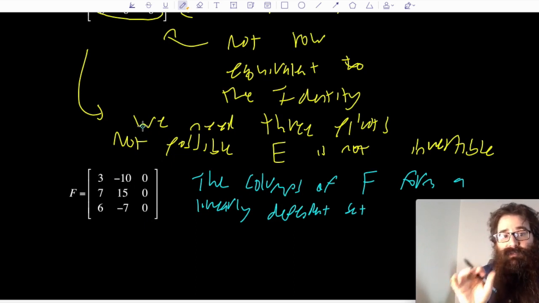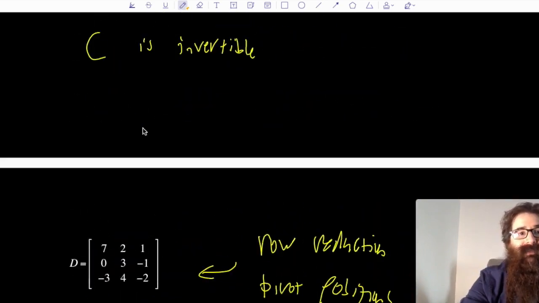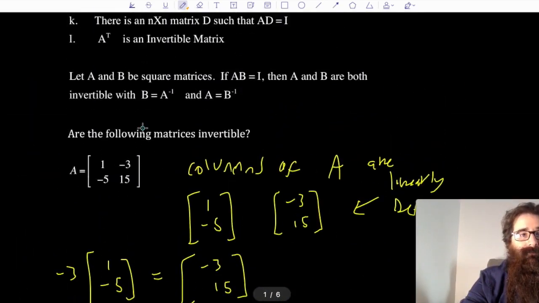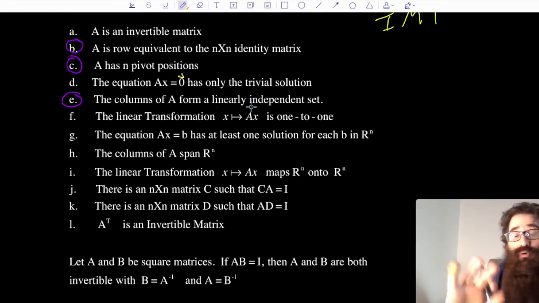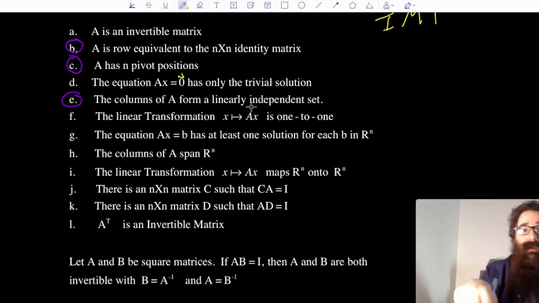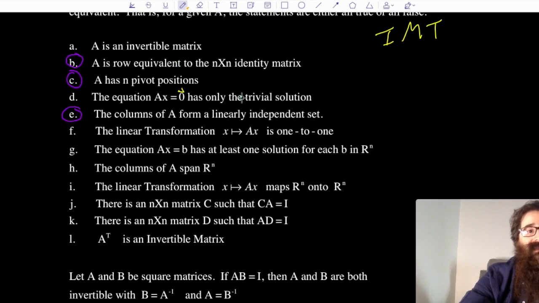So I'm automatically forced into a dependency relationship. Since the columns form a linearly dependent set, I know that statement E is false. It says the columns must be a linearly independent set. No. I have the 0 vector for one of my column vectors. The columns cannot be independent, so the columns form a linearly dependent set, which means that all of these items are false, which means that the matrix is not invertible.